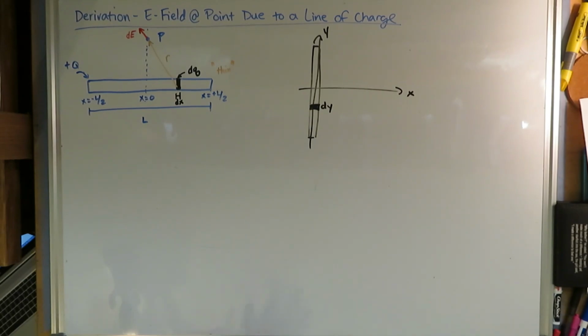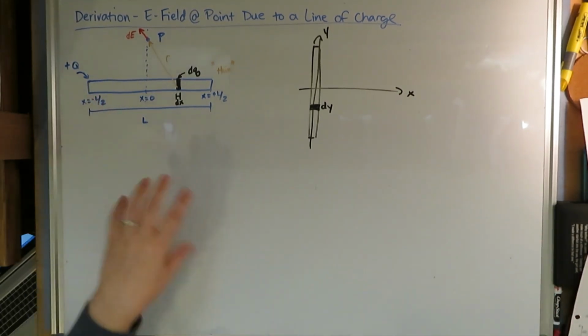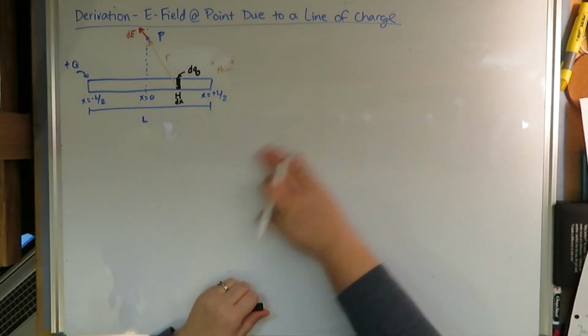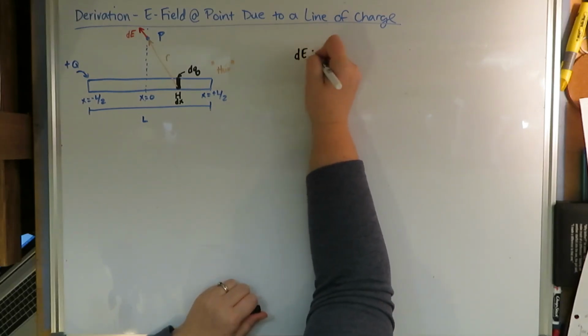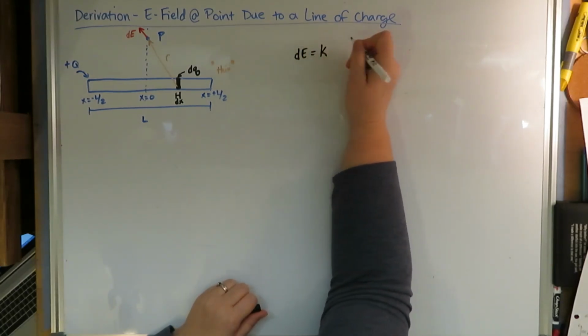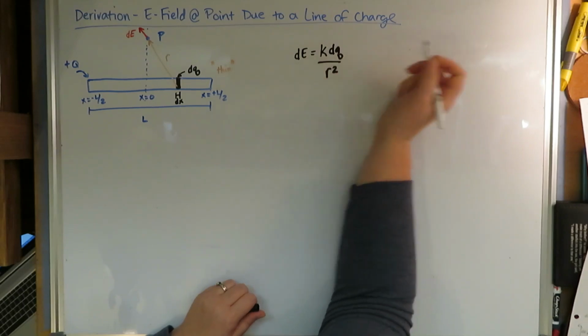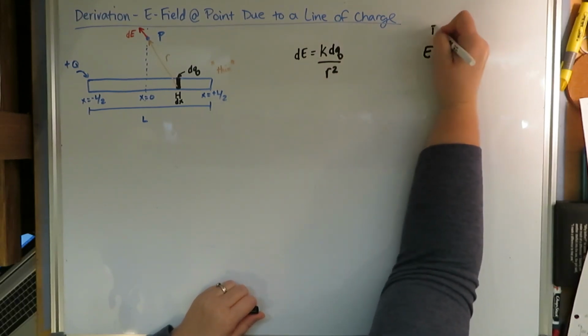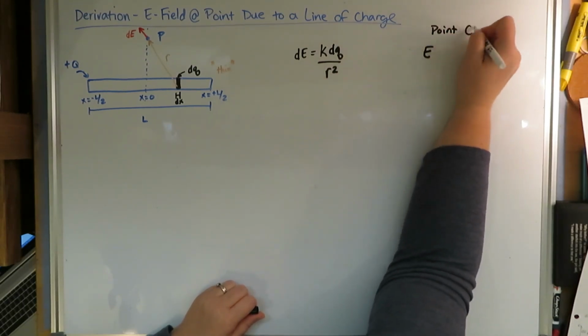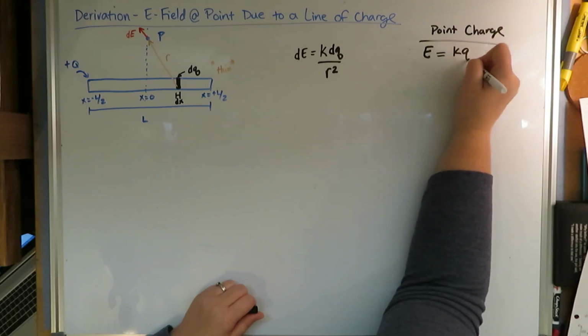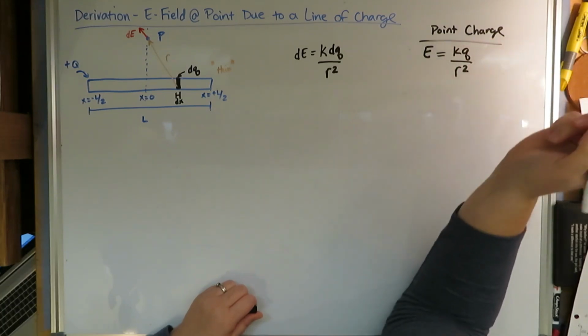So that's my setup. So essentially what I've done is I've set this up, and then I can define what dE is because dQ is a point charge. So I can define that dE has a magnitude of K dQ over r squared, because any point charge has an electric field of E equal to KQ over r squared, where Q is your source.